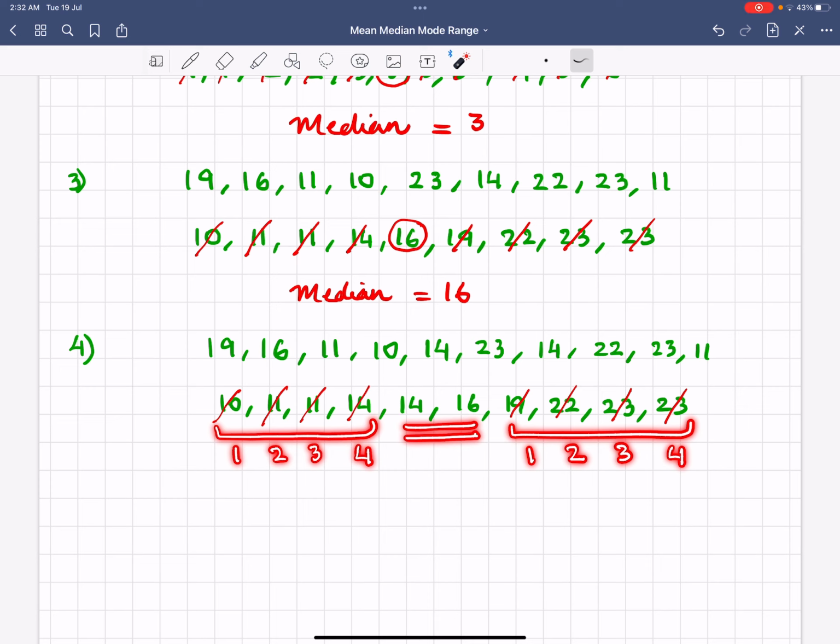Now, how do we find the center of the data then? The middle of this sequence is the number in between 14 and 16.